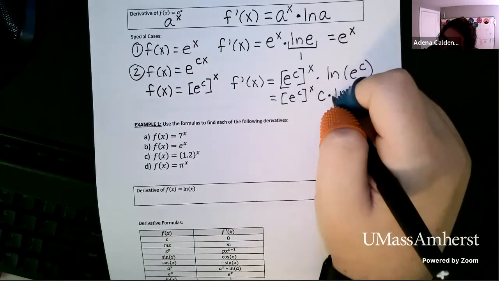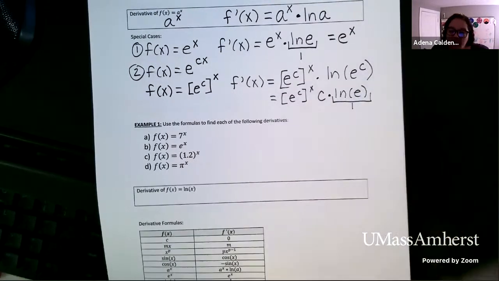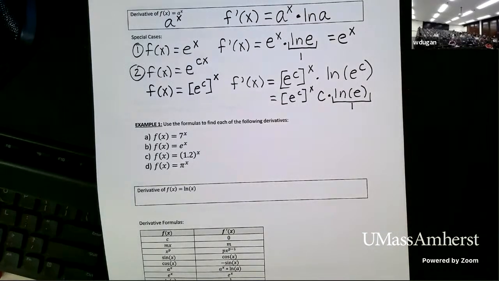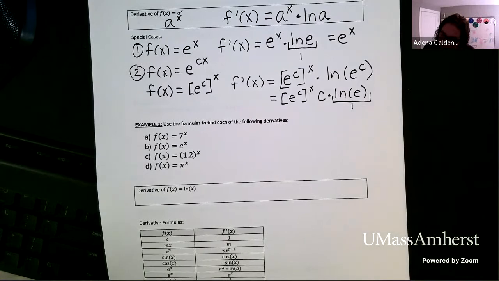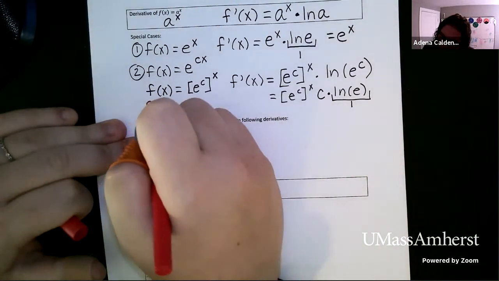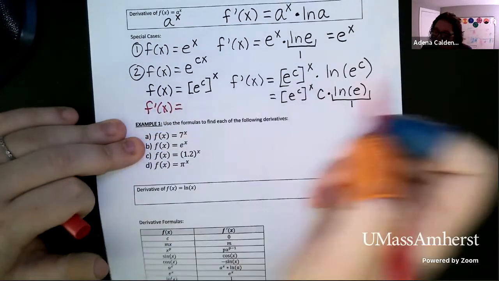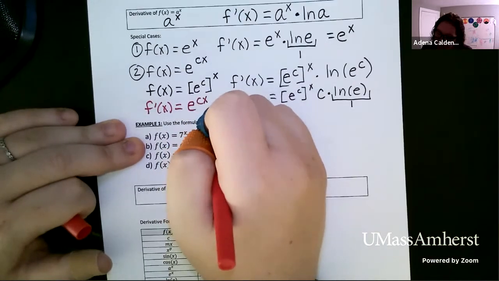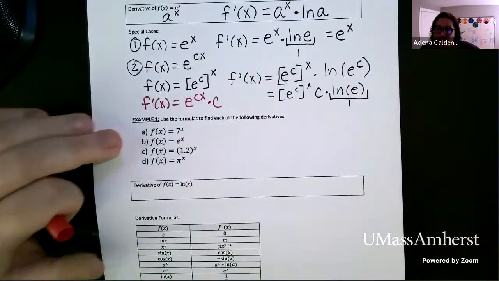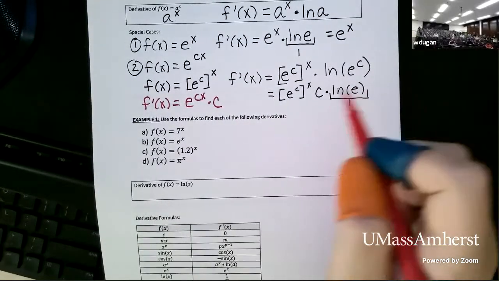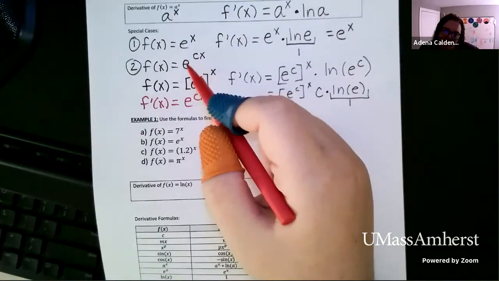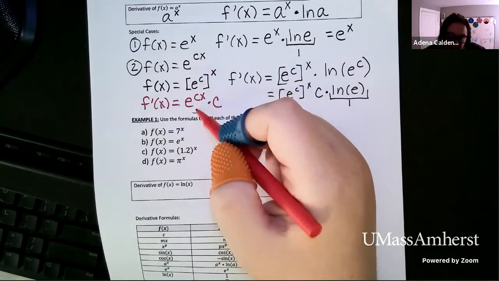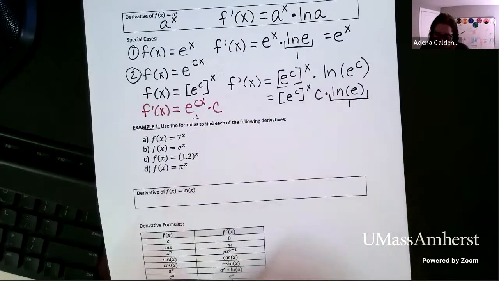Well, just like last time, the natural log of e is just 1, right? So that means that my final derivative here is going to be, we can change this back into e to the cx times c, right? Because again, this last term is 1. So if we have e to the cx, where c is any number, the derivative is e to the cx, so the same exact thing, times whatever that number is.